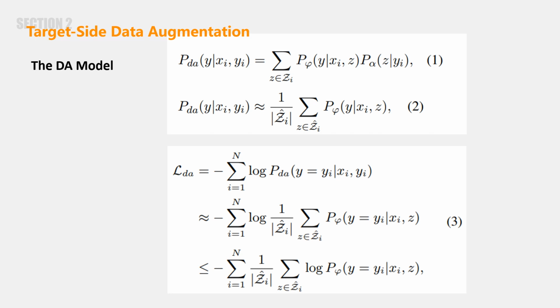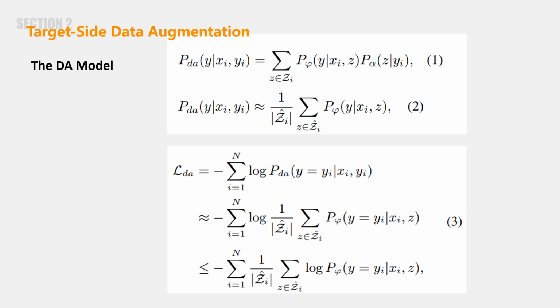The DA model estimates the posterior distribution of possible translations y given observed xi and yi. Since yi is used as the condition and also used as the training target, we cannot directly model it. We introduce an intermediate latent variable z to separate the condition yi from the training target, as equation 1 shows.